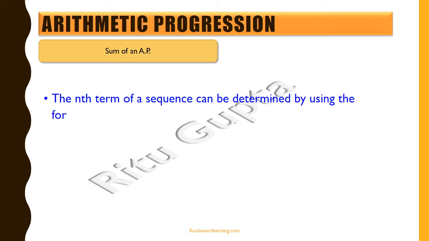Now the nth term of a sequence can be determined by using the formula an is equal to Sn minus Sn minus 1. Obviously we know that Sn is the sum of n terms of an AP, and Sn minus 1 is the sum of n minus 1 terms of an AP. So if we subtract Sn minus 1 from Sn, we'll get the nth term.